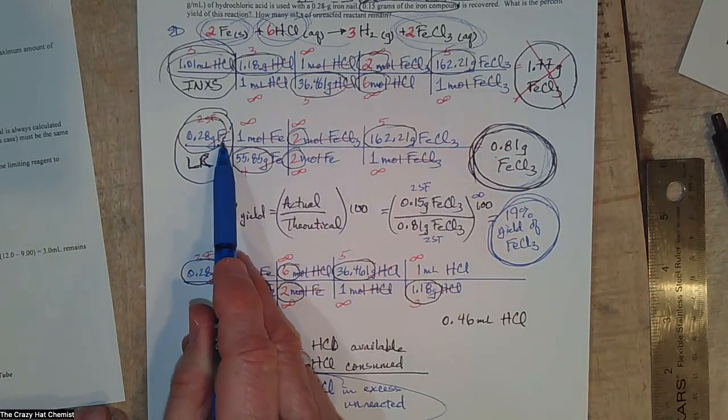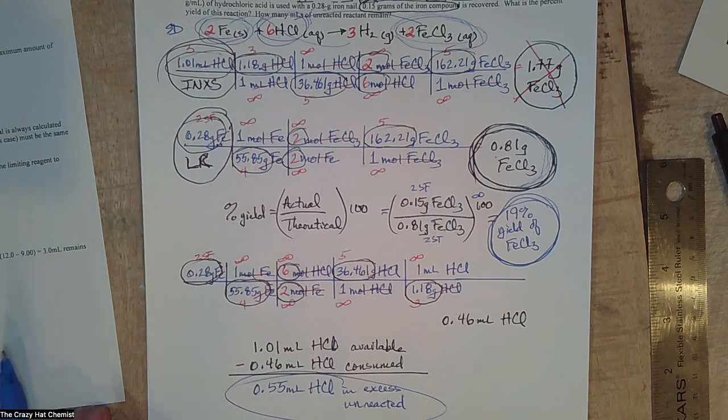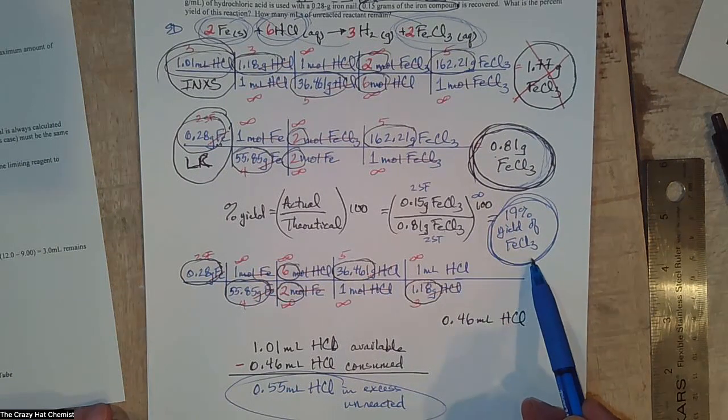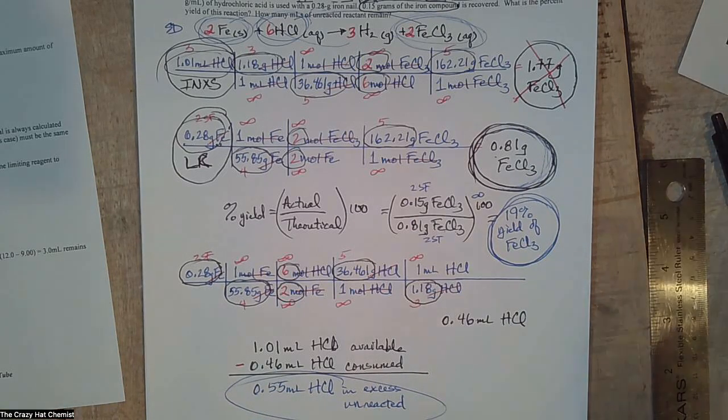Fe, that's iron. What reagent is in excess? That's HCl. What's the percent yield? 19% yield of the ferric chloride compound. And how much of the excess reagent is unreacted in excess? And that's 0.55 milliliters of HCl. Wow.